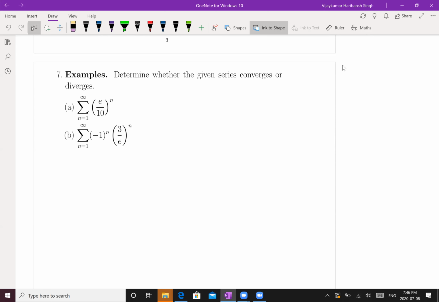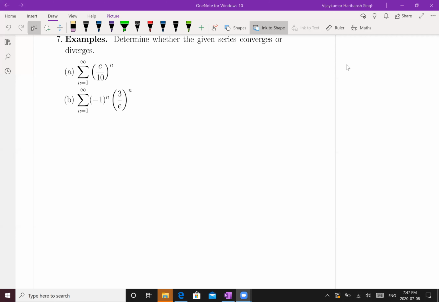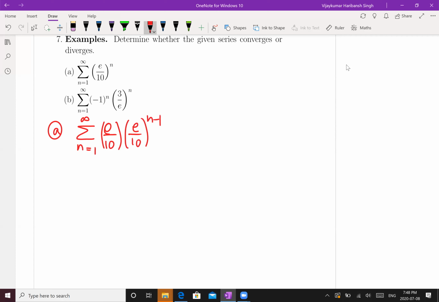If you look at this, the series can be written as the summation from n equals 1 to infinity of (e divided by 10) times (e divided by 10) to the power n minus 1. We are writing it in a form so that we can read off what A and R are.